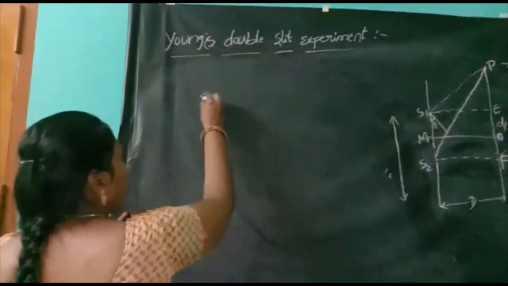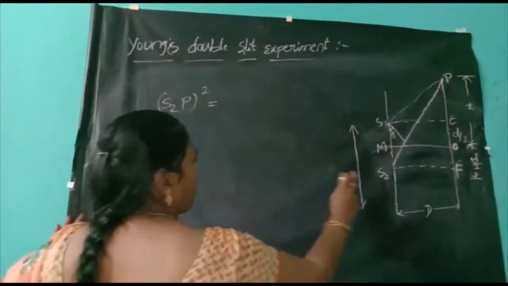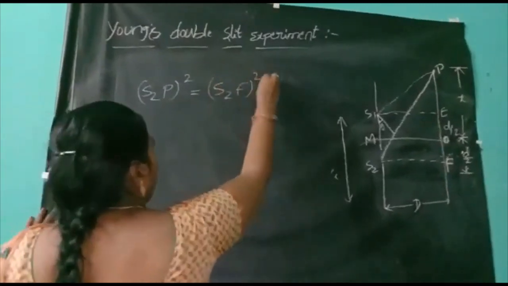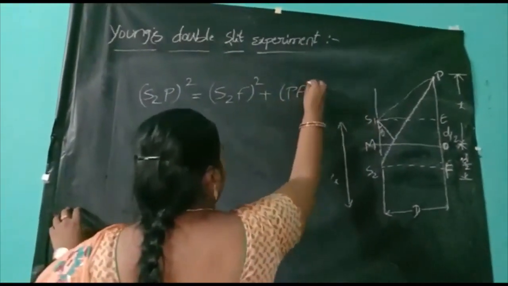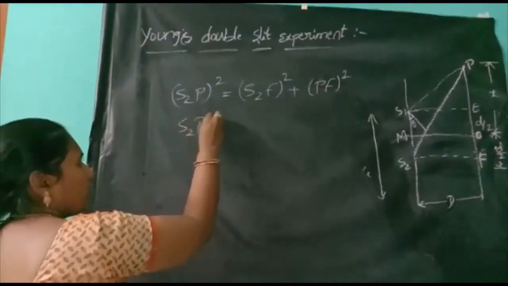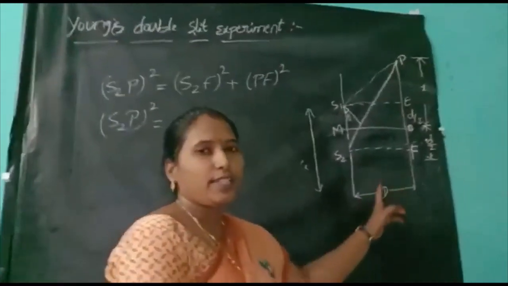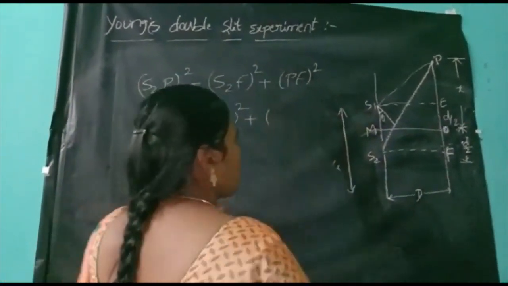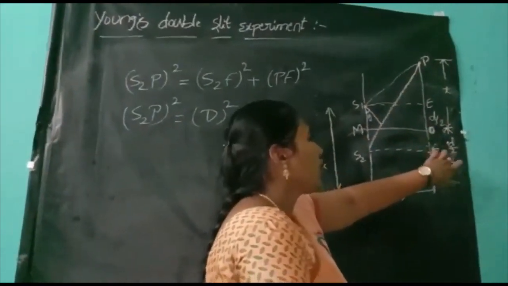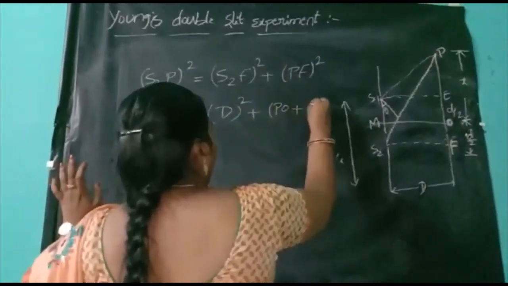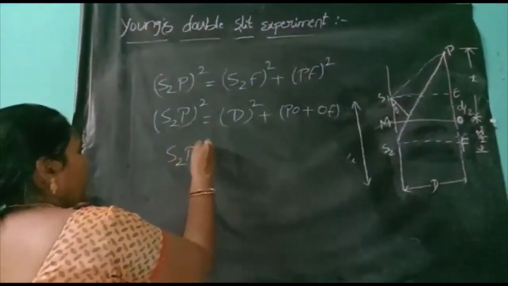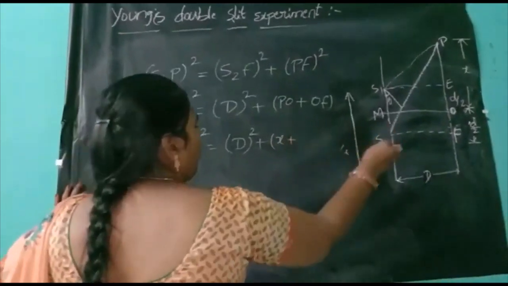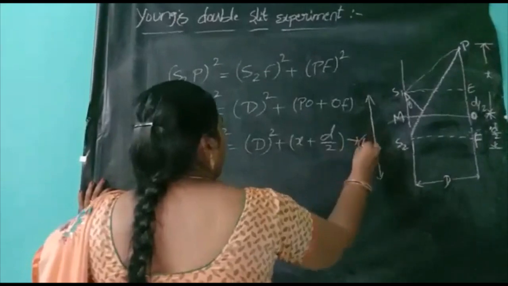That is, S2P whole square is equal to S2F whole square plus PF whole square. S2F is the distance to the screen, that's D. PF is the distance P to O plus O to F. So S2P whole square is equal to D square plus x plus d by 2 whole square. This is called equation number 1.